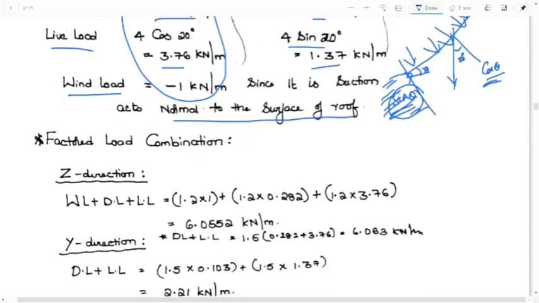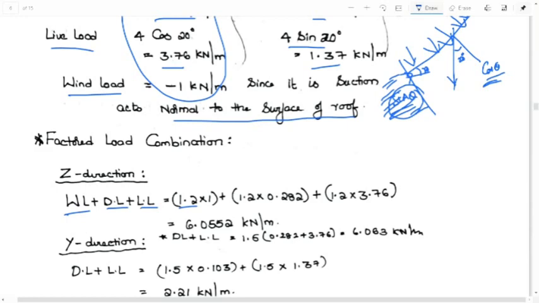In the Z axis direction, wind load plus dead load and live load, the partial safety factor is going to be 1.2.